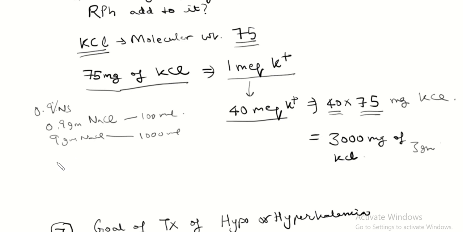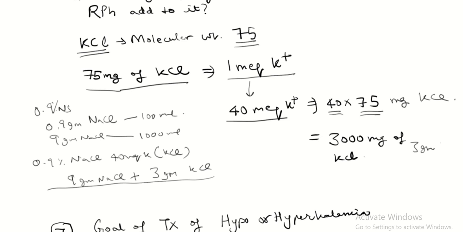So when you see 0.9% sodium chloride with 40 milliequivalents of potassium in there, which is made using potassium chloride, you know that there's now 9 grams of sodium chloride in there, and it's also got 3 grams of potassium chloride. That's what the solution is.